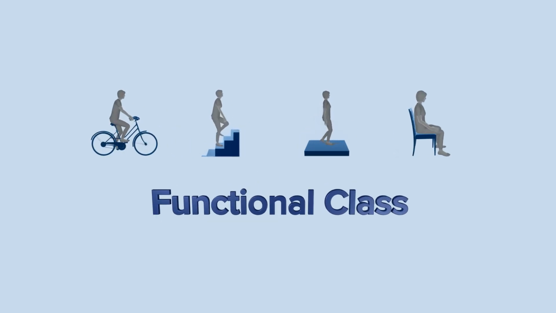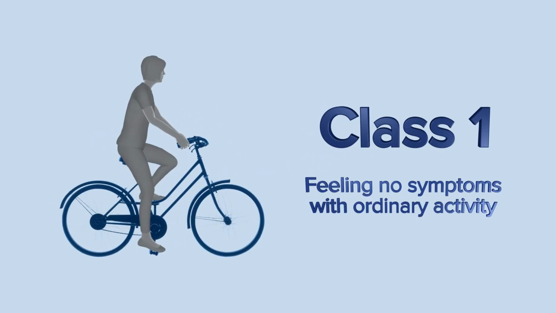Functional class is another type of evaluation that can be used to help assess risk status and is an indicator of your capacity to physically function. How much activity you are able to do without experiencing symptoms determines your functional class. Class 1 means you have no symptoms with ordinary physical activity.